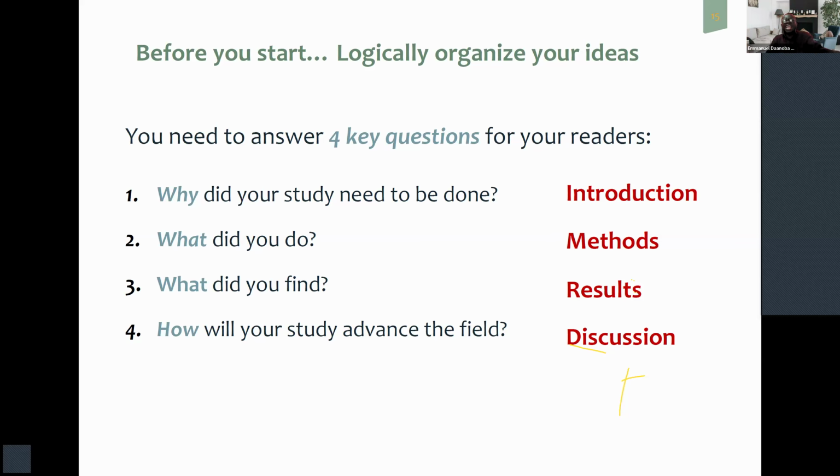Now, how will your study advance the field? That is the discussion. You want to bring the scientific merit or the scientific rigor of your work in the manuscript, then it should be in the discussion. This is where every interpretation you make, you back it with scientific evidence.